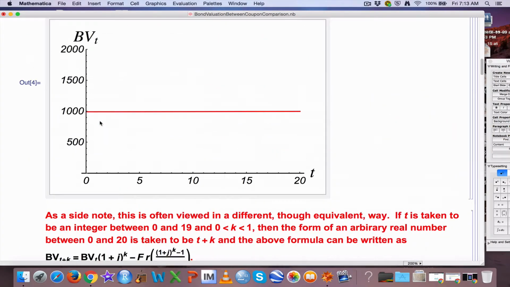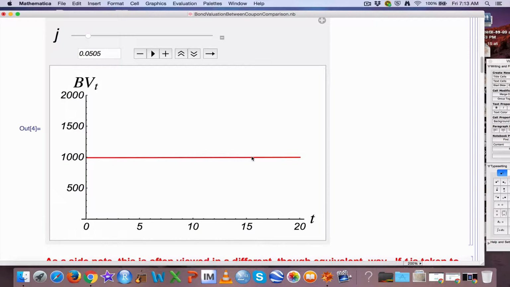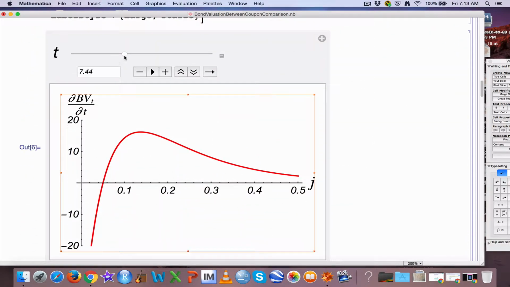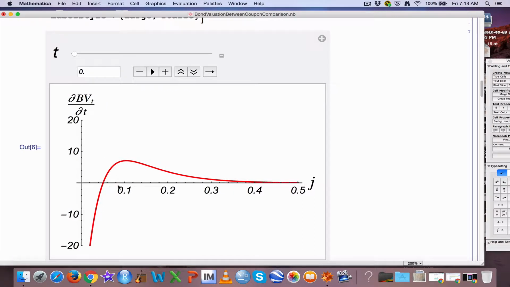So when j is 0.05, if I imagine increasing t, the slope stays at 0. Now think about a value of j bigger than 0.05, whether slightly or much bigger. The value of this function is positive. The value of the slope of BV with respect to t is positive, not only at t equals 0, but at other values of t.